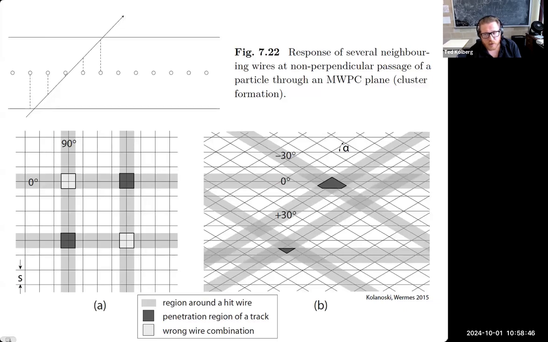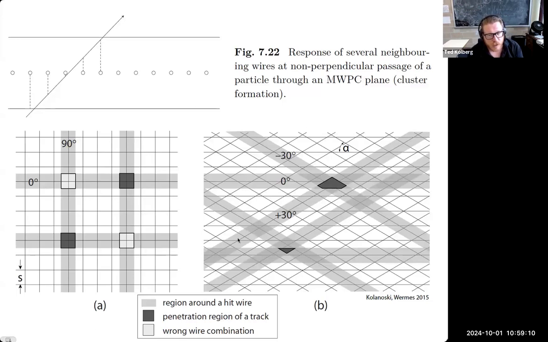And I can try to reconstruct the 3-dimensional trajectory of the particle by stacking up multiple layers of these crossing planes. With each individual layer that I add, I reduce the number of spurious combinations, and only the true combinations where the particle actually went through will survive on multiple independent layers.